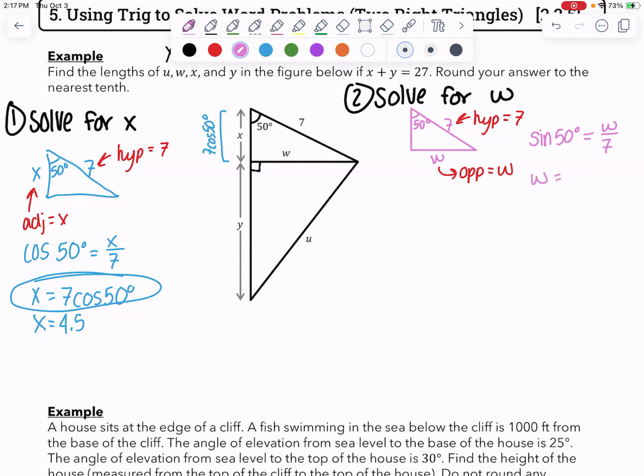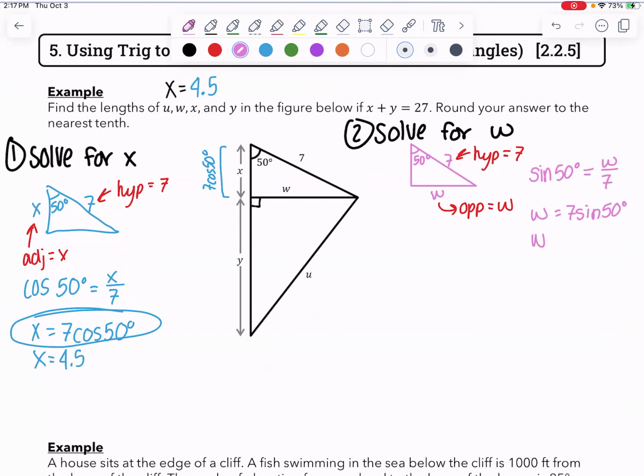A little bit of algebra, you get 7 sine 50 degrees for W. And if you plug that into a calculator, you'll get 5.4. So W is equal to 5.4.